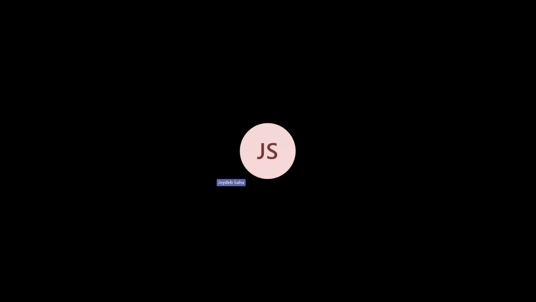Sorry, y(t) output is given. y(t) is equal to t e to the power minus 2t u(t).